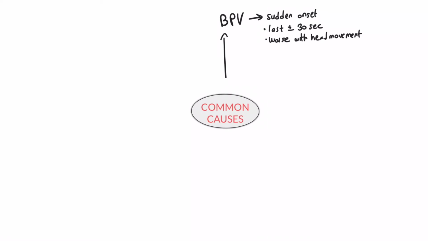The second differential you should be aware of is medication, let's just say meds. A common medication that could cause that is obviously alcohol. If you drink too much, you're going to be dizzy. Some antibiotics, mainly metronidazole, that's the one I'm thinking about, and salicylates such as aspirin.